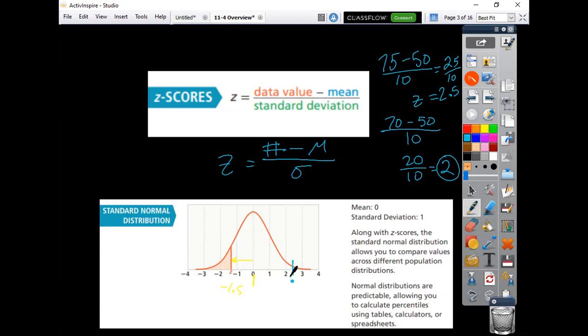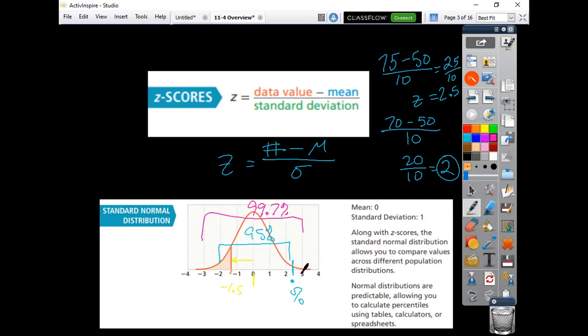And if they ask you for the percentile, so remember, we said in 2 standard deviations, that's 95%. And we said if you go out 3 on each side, that was going to be 99.7% of the data. So how much is between here, if you're talking about in between there?